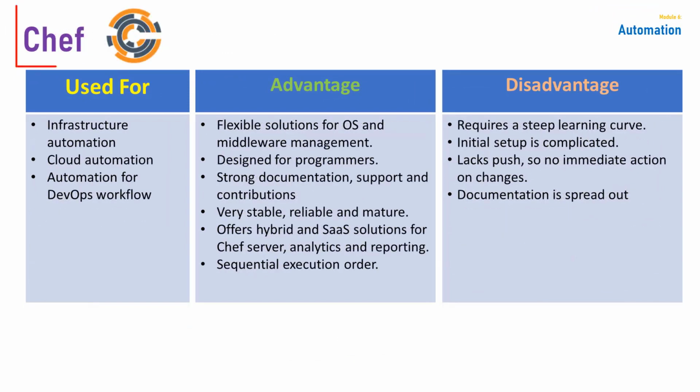Now let's talk about Chef. Chef is an open source configuration management tool that is designed to automate configurations and operations of a network and server environment. Chef is written in Ruby and Erlang, but when it comes to actually writing code within Chef, Ruby is the language used.